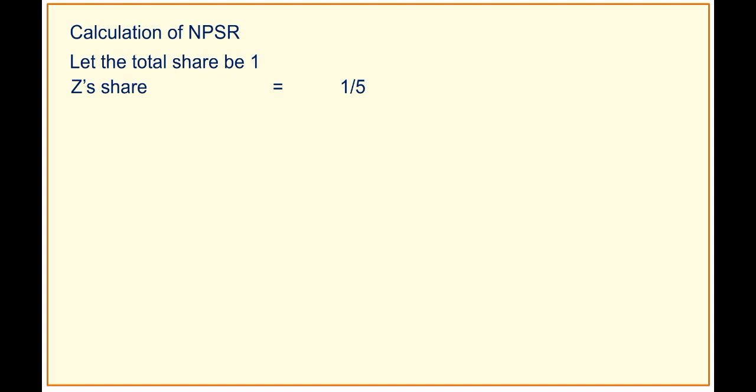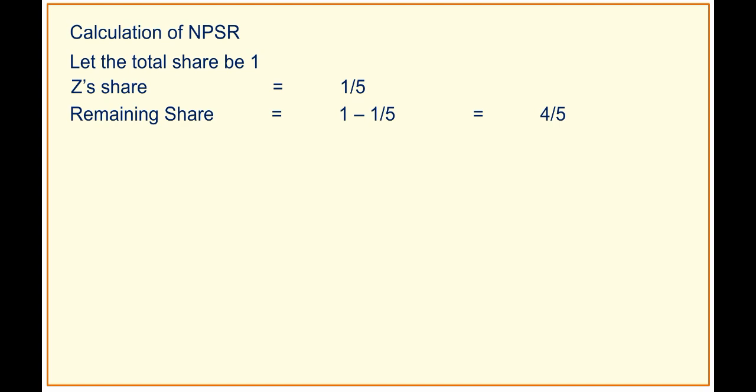Now I am not explaining every step in detail because that we have already done in our last video. If you have not seen that, you can please go back to that video and learn how to calculate new profit sharing ratio in detail. So now remaining share, after giving share to Z, how much is remaining with us? So 1 minus 1 by 5, it comes 4 by 5.